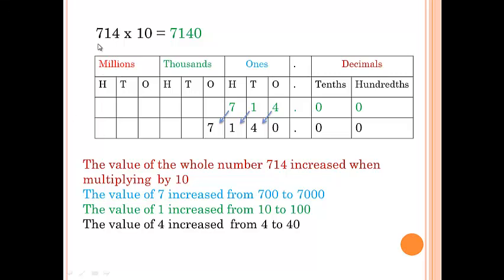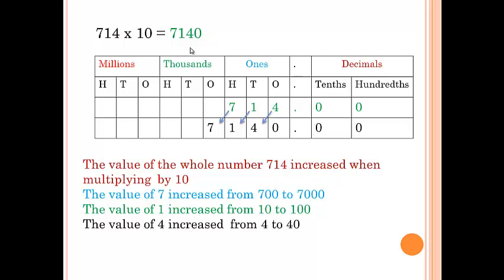The value of 7 here is in the hundreds, change it into 7 in the thousands, so its value increased from 700 to 7000. 1 in the tens, change it into 1 in the hundreds, so here 10 to be 100. 4 in the ones place increased to be 40 in the tens place.